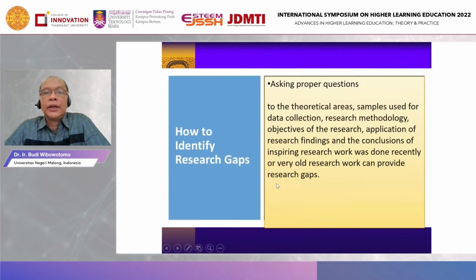It contains proper questions that we have collected from the many different resources that we have read. We collect them as proper questions, and after this, read again, and then summarize and extract.